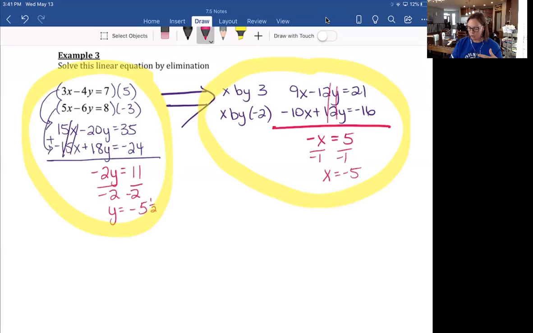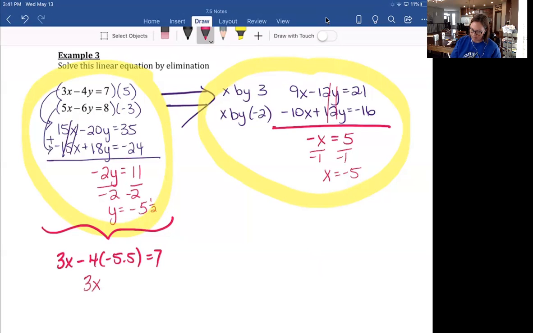Then once you do one of them, so let's say I had done this, then I would use that y variable to solve for my x variable. So I would go 3x minus 4 times negative 5.5 equals 7. Notice how I went back to the original equation and not the equation that I had manipulated. So 4 times 5.5 is 22.